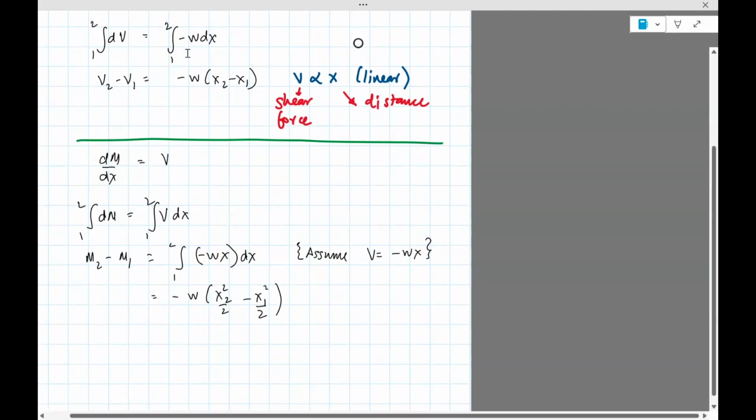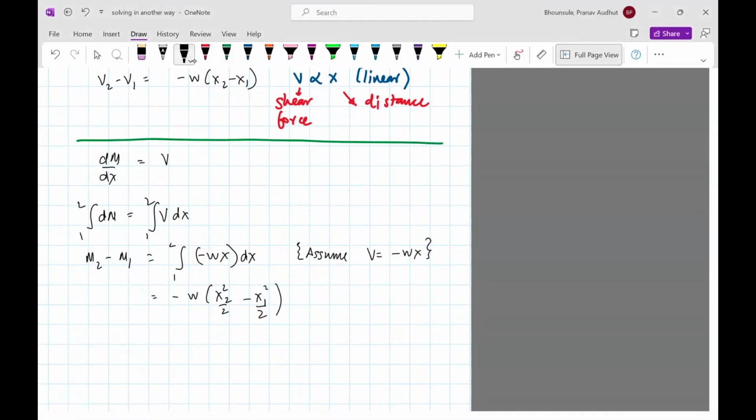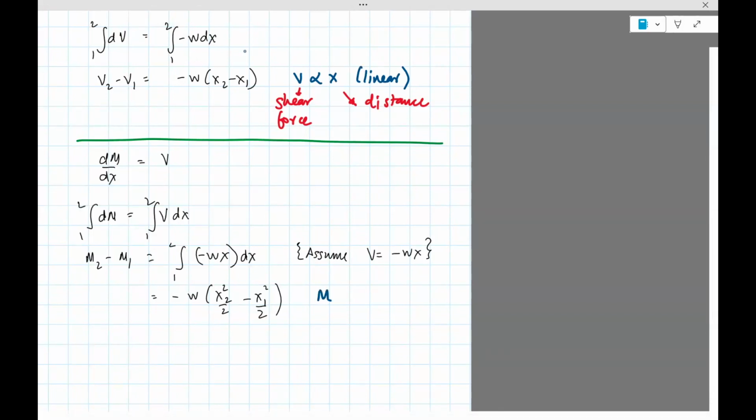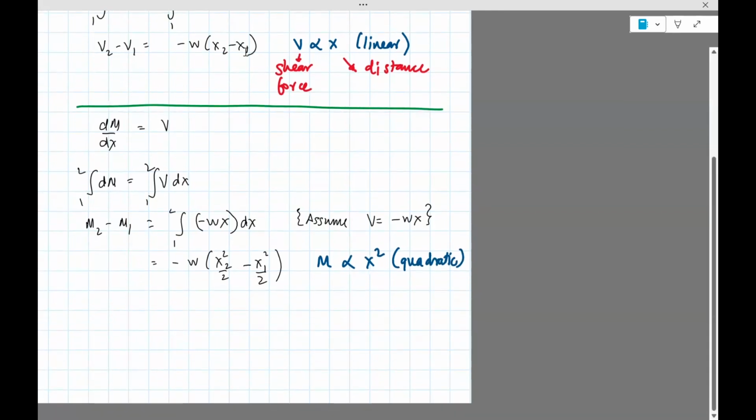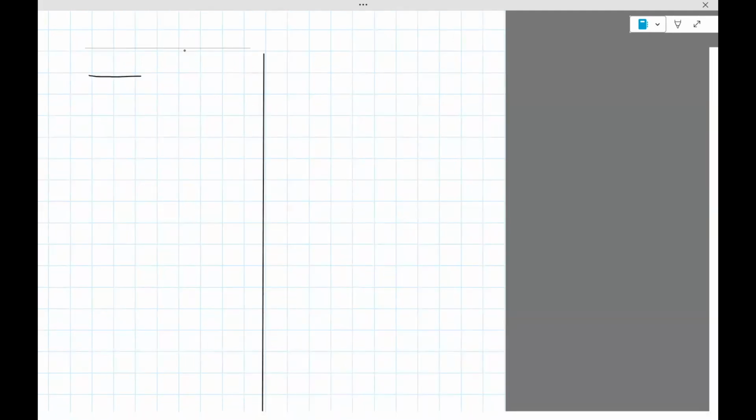In other words, the moment M is proportional to x squared, it's quadratic, provided there's a uniform loading w. So again, the moment goes as the distance squared. This will be helpful when we figure out what type of curve comes between 2 points. Is it going to be a straight line, or a curve like a quadratic, and so on.